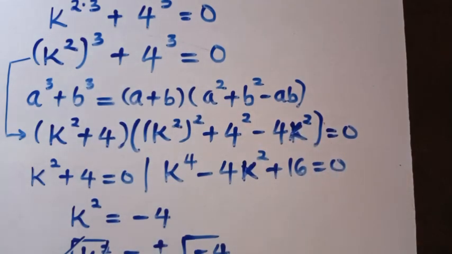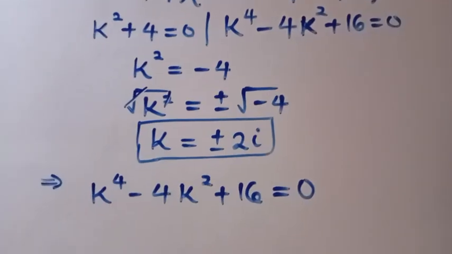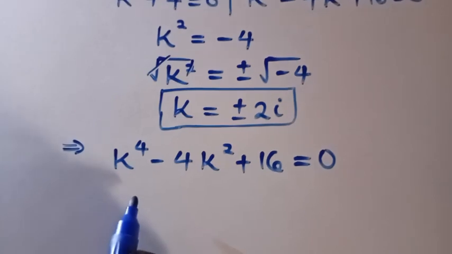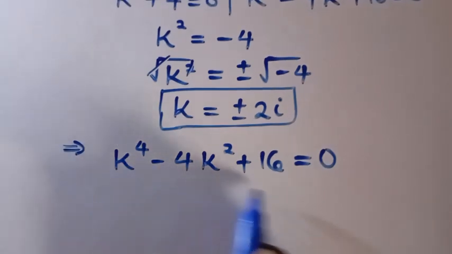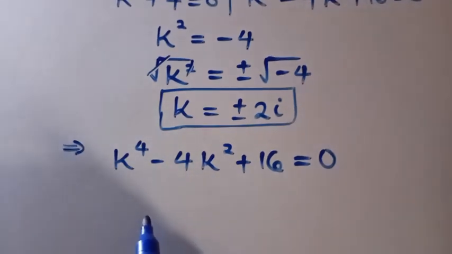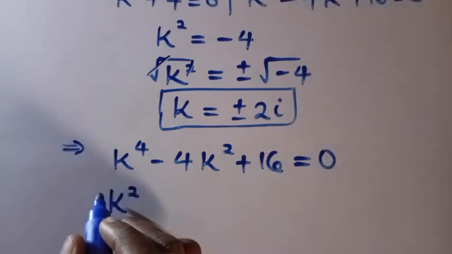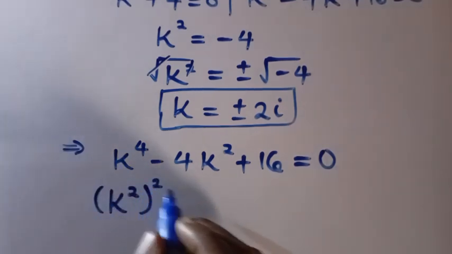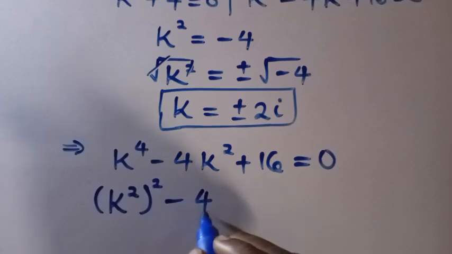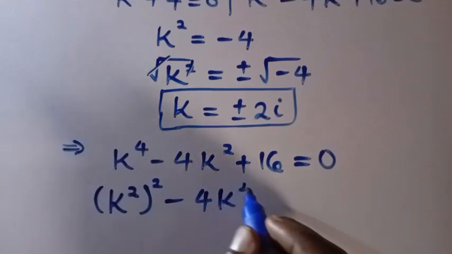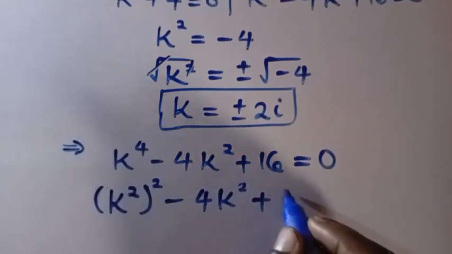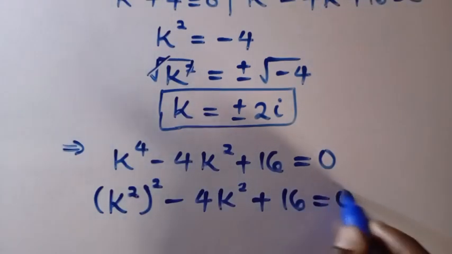Here we have a quadratic equation, and suppose we write this as k raised to power 2 all raised to power of 2 minus 4k squared plus 16 equals 0.